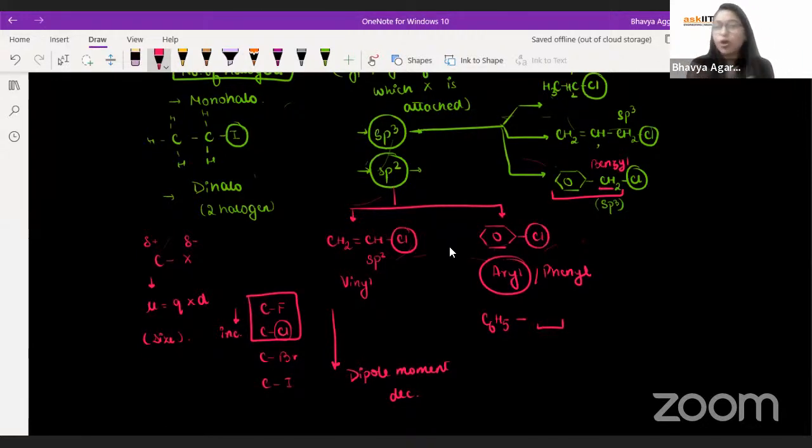So if size is the dominant factor, then distance is the dominant factor in this case. This is the only reason why this increases initially and then keeps on decreasing, though the difference is not much. If you check your NCERT books with proper data, you will find that the difference is not much. But yeah, it is still there.